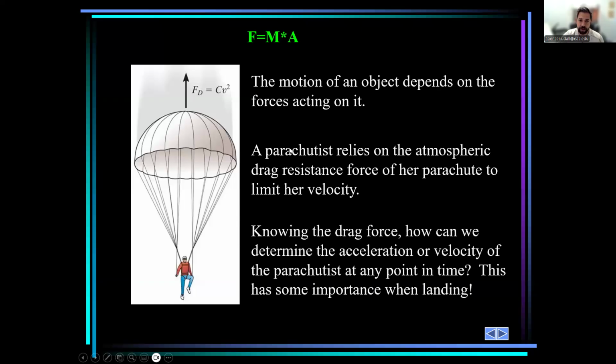If we knew the net force, then we could find its acceleration. If that was a constant acceleration, which probably a drag force is going to be a constant force as well as gravity, both acting constantly, we should have a constant acceleration, and we could figure out what their velocity is at any point in time.